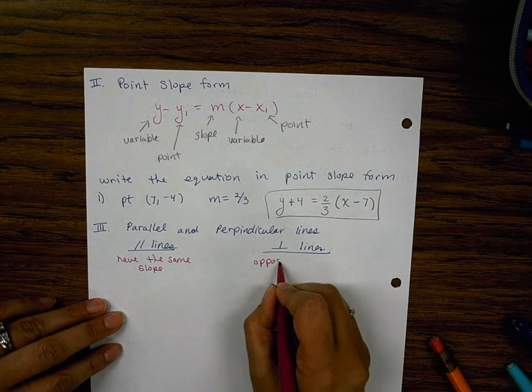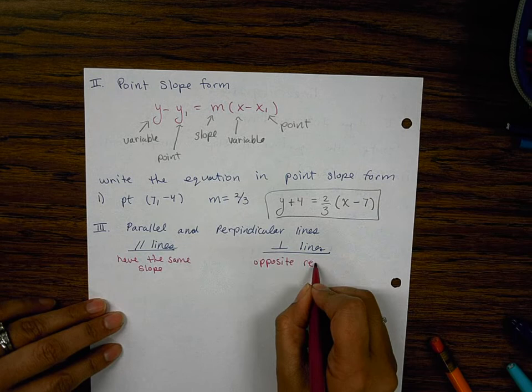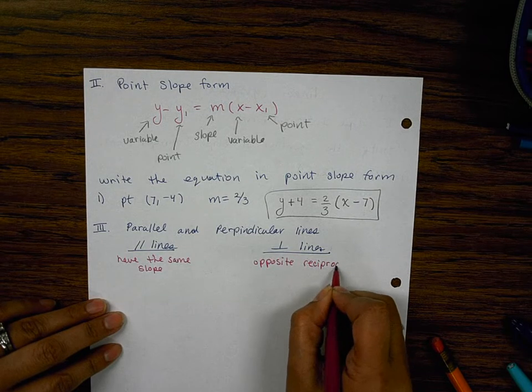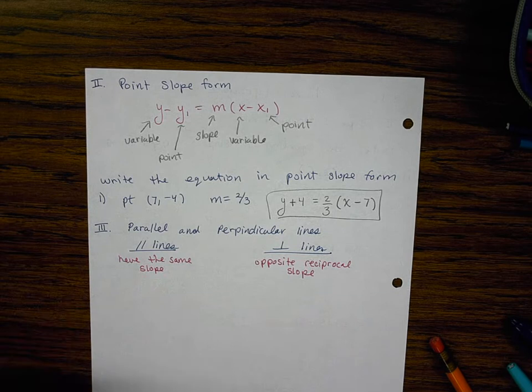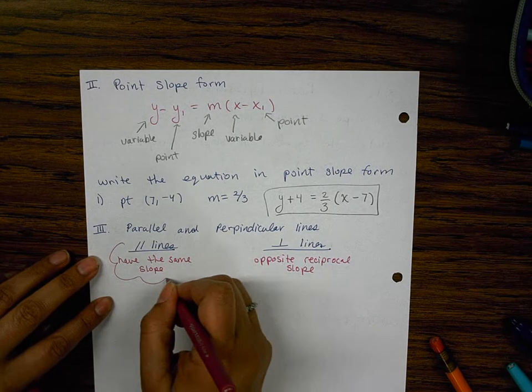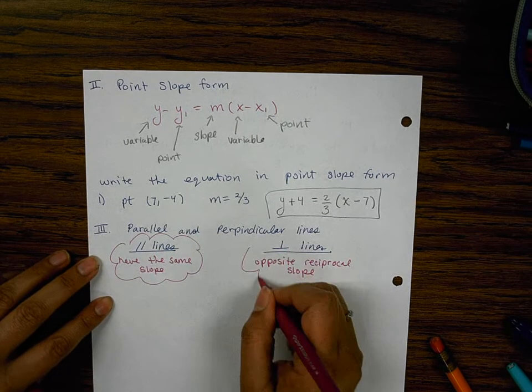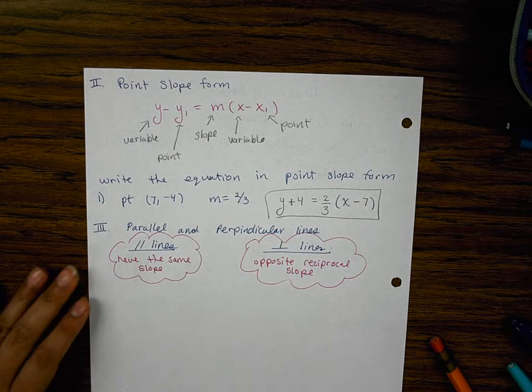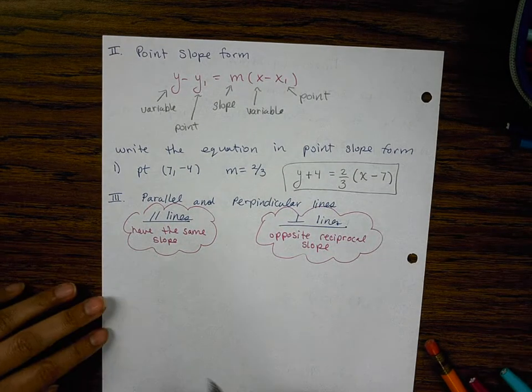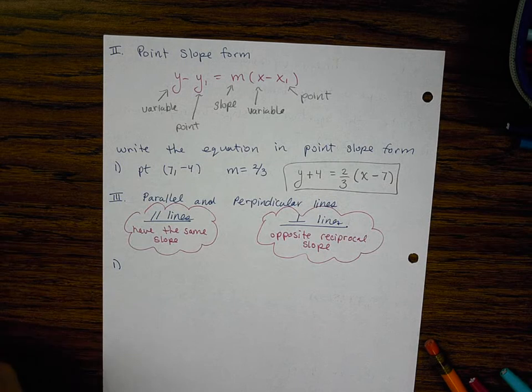Perpendicular lines, their slopes are opposite reciprocal. All right, so this is something you should remember from previous math classes. Parallel lines, same slope. Perpendicular lines, opposite reciprocal slope.